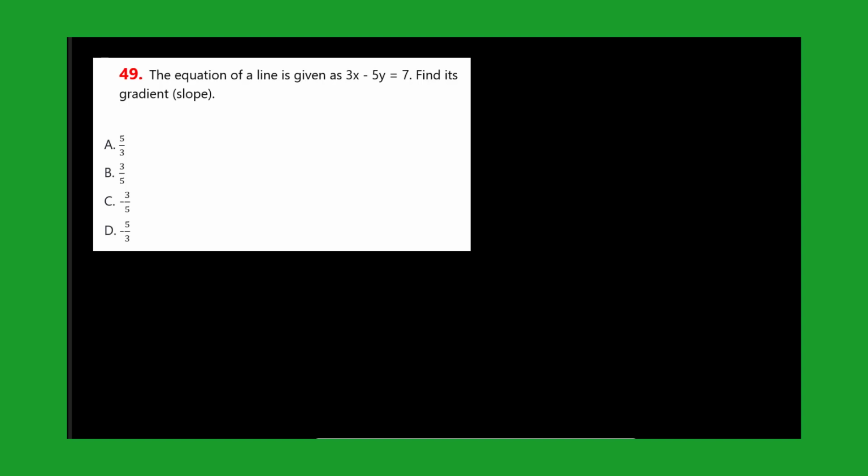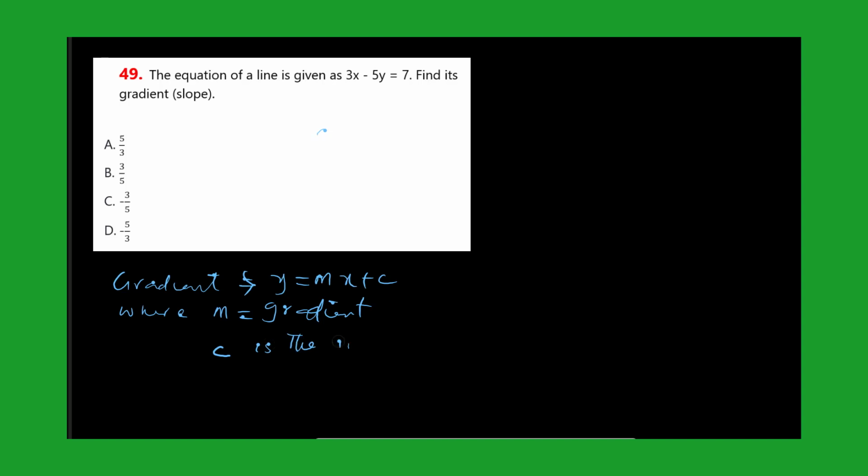The formula is y equals mx plus c, where m equals gradient, then c is the y-intercept.